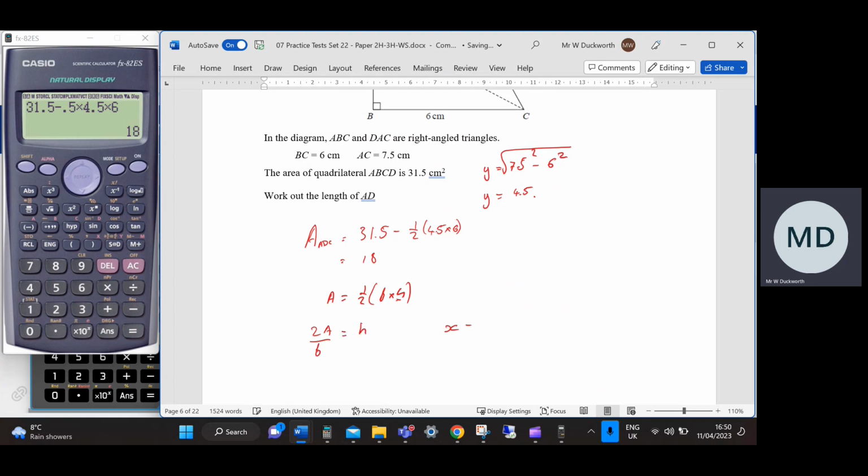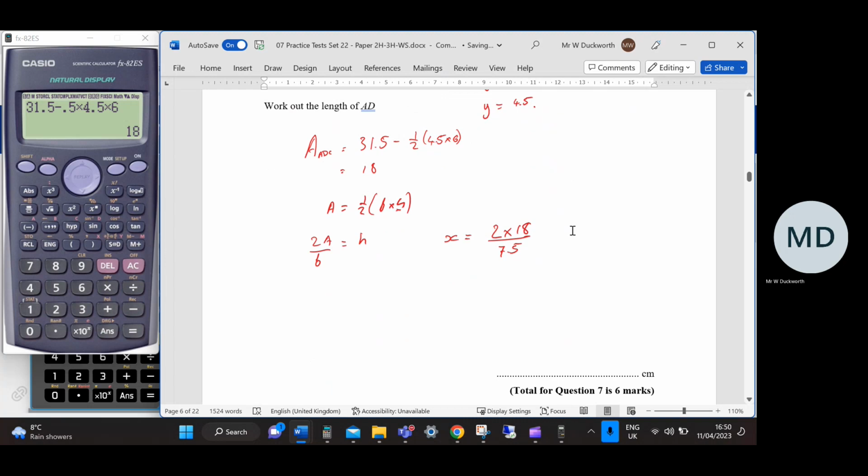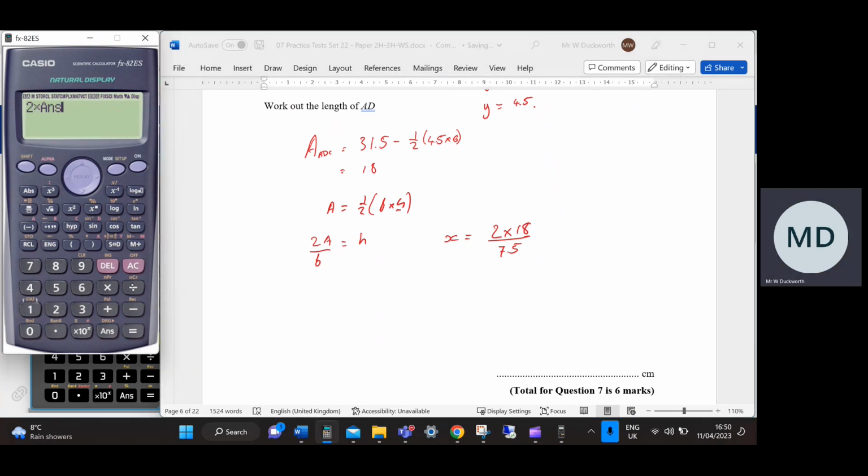So X is going to be equal to 2 times by 18 divided by 7.5. Double check, yep, there we go. So 2 times by the answer, and then divide that by 7.5. So 4.8. So X is going to be equal to 4.8.